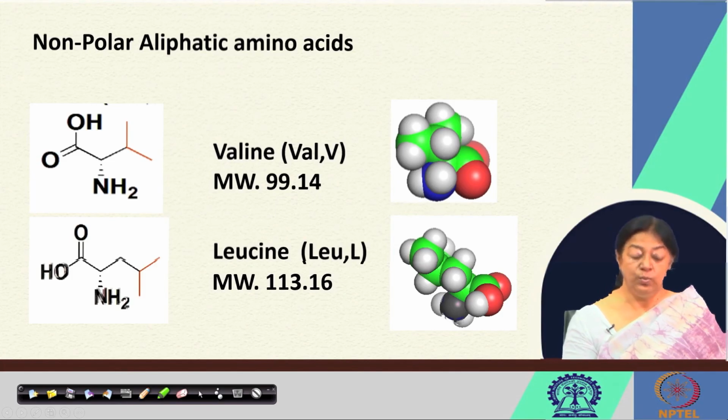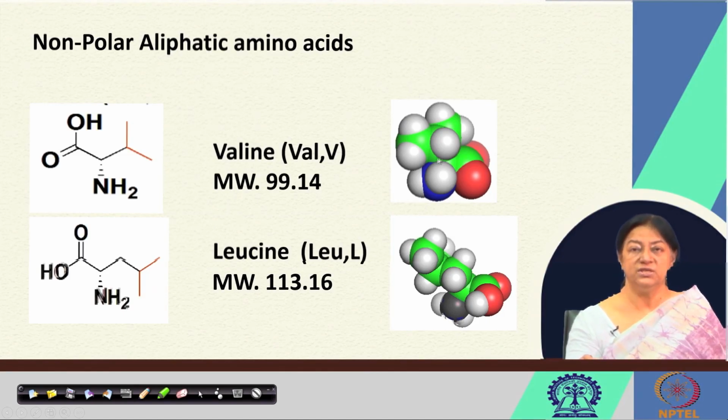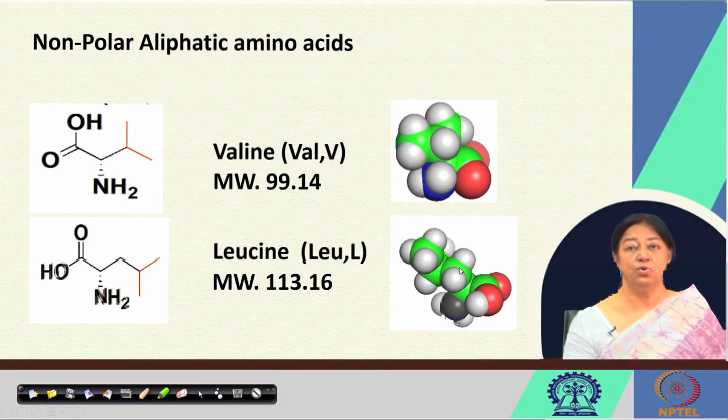So similarly, we can look at all the different other types of amino acids. We have valine, we have leucine. If we're looking at these amino acids right now, we notice that the side chains that have been written do not have any other color associated with them. There is no blue nitrogen, no red oxygen, and the sulfurs are usually in yellow. So there is no such heteroatom, as we would call it.